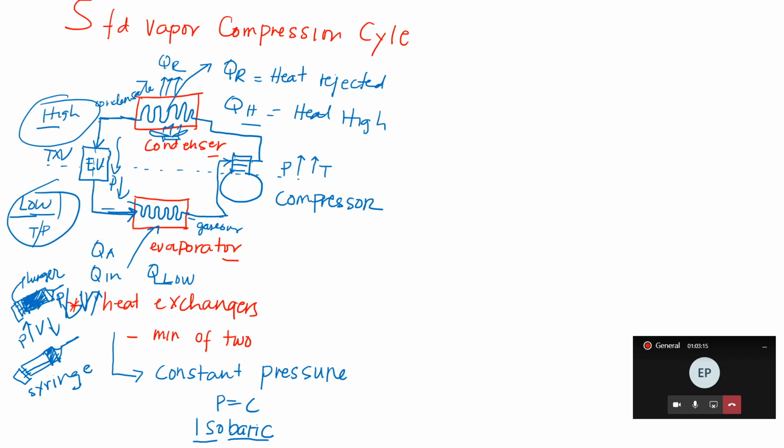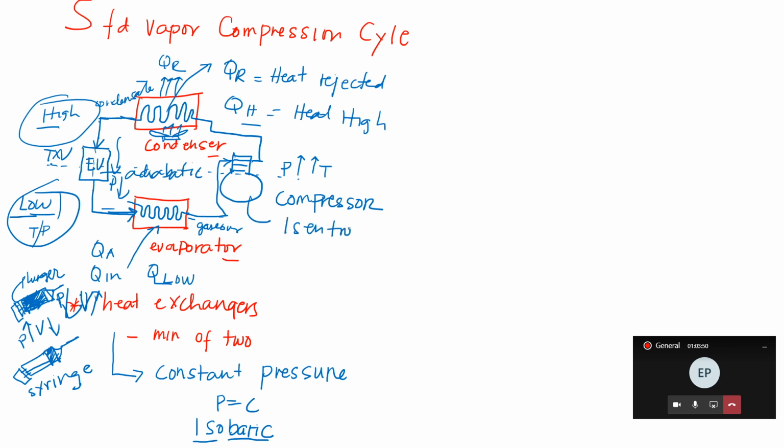So before the fluid can enter the evaporator, we need a low pressure fluid, and that is the function of the expansion valve, EV or TXV. What happens in the thermo expansion valve is constant enthalpy because it is adiabatic. We will review that when we go to the so-called pH diagram. What is this?